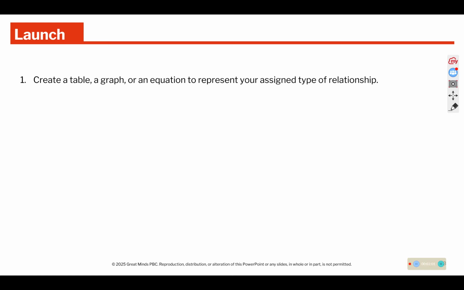Number 1 says to create a table, graph, or an equation to represent your assigned type of relationship. I'm going to assign you with proportional.